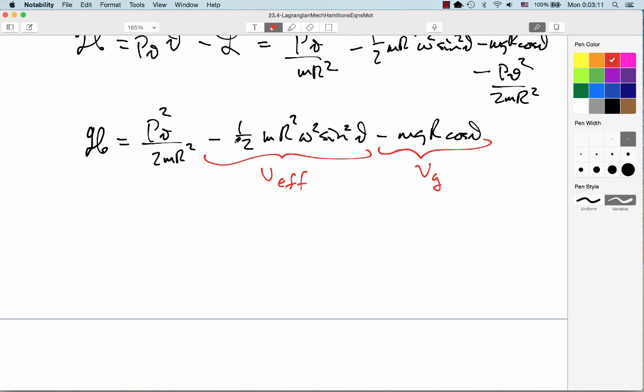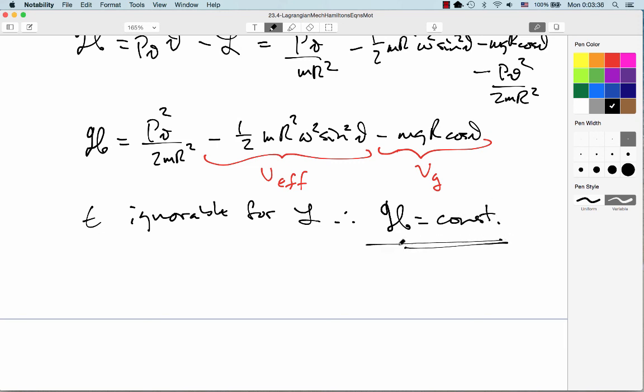So it's still the case that t is ignorable in the Lagrangian. Therefore, the Hamiltonian is a constant. It's conserved. But the total mechanical energy, E equals T plus V, is not conserved.